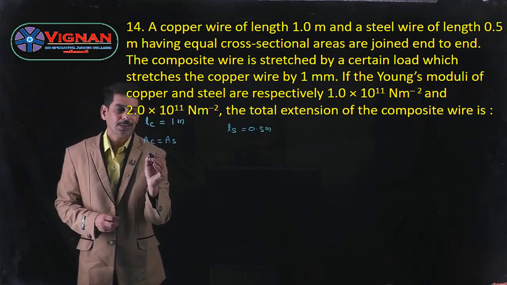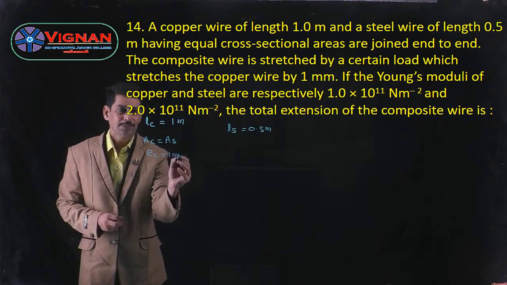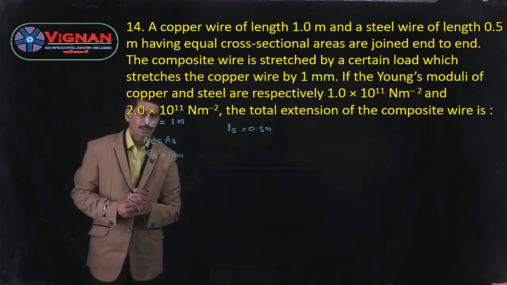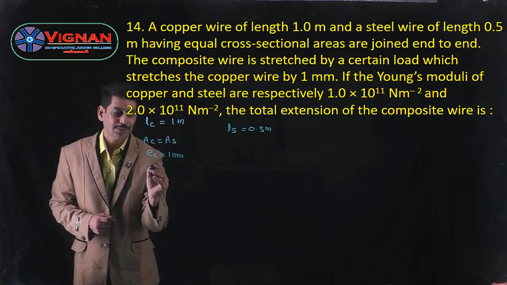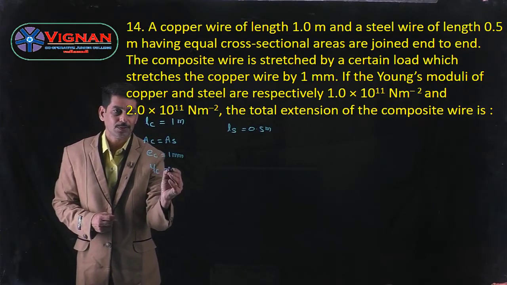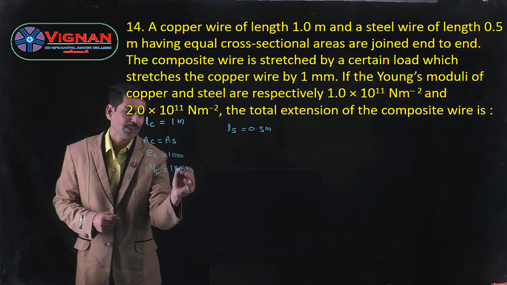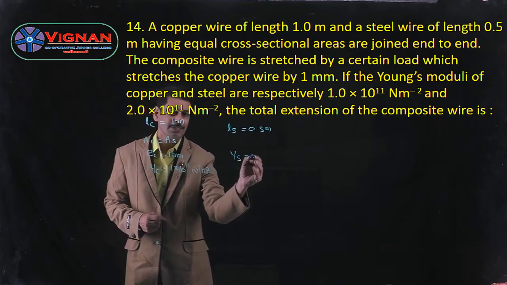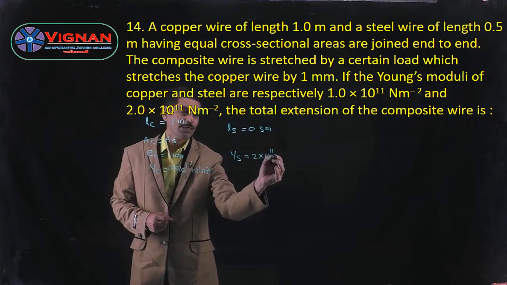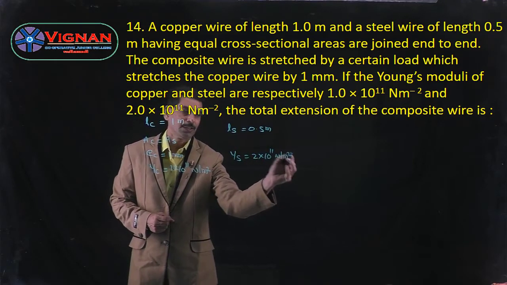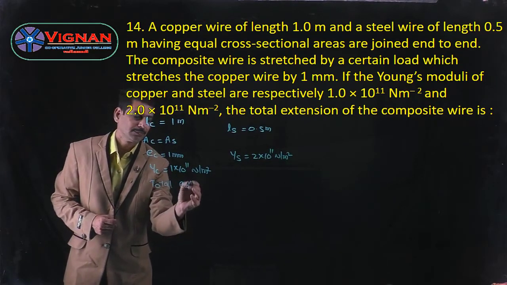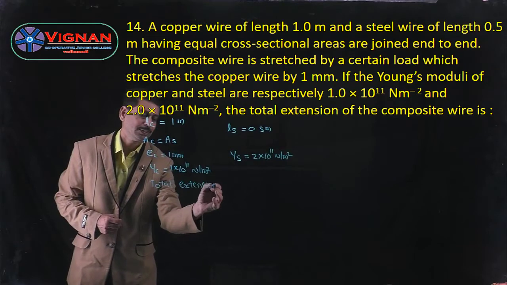So the elongation of the copper wire is 1 millimeter. The Young's modulus of copper is 1 into 10 power 11 Newton per meter square, whereas the Young's modulus of the steel wire is 2 into 10 power 11 Newton per meter square, and we are asked to find the total extension or total elongation.